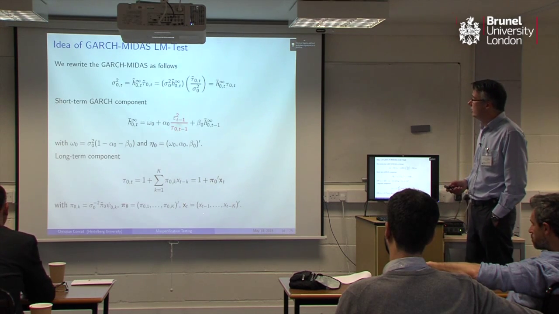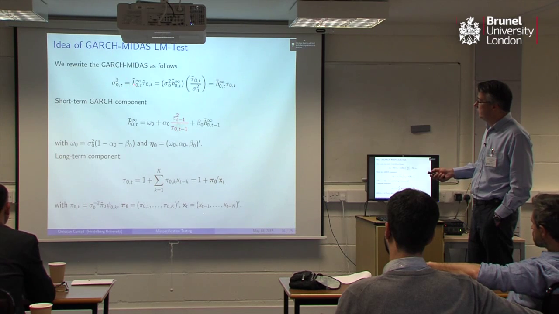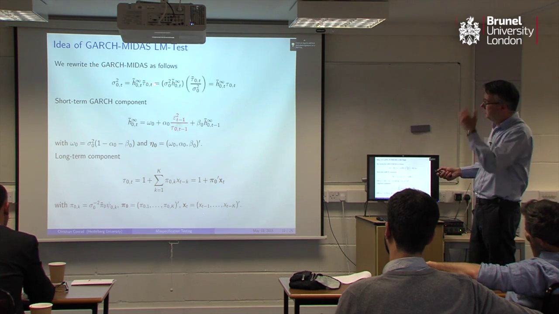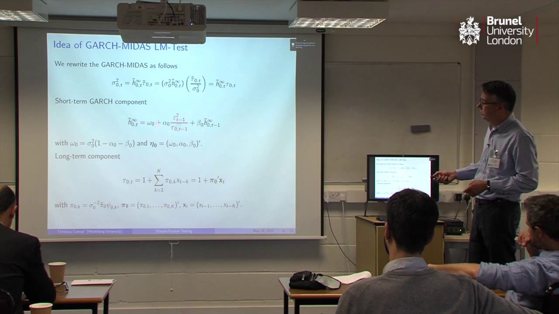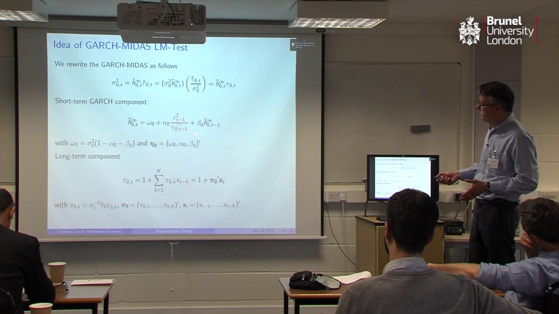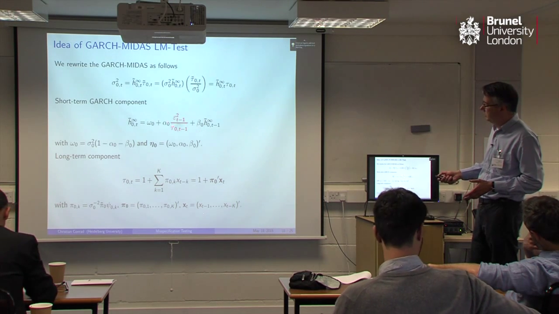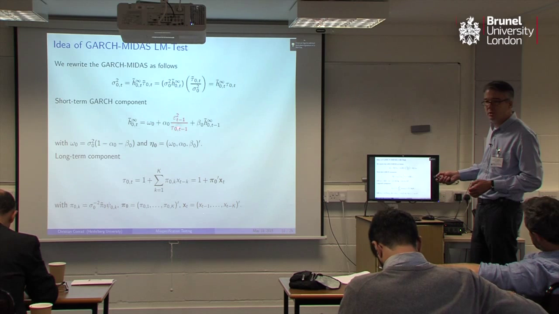Now for deriving the test, we rewrite the model a little bit. If you multiply and divide by sigma_0 squared, then the short-term component can be written in this way, where you now have the omega here, so the usual GARCH equation. What is important is that in this equation you divide the squared epsilon by the tau.